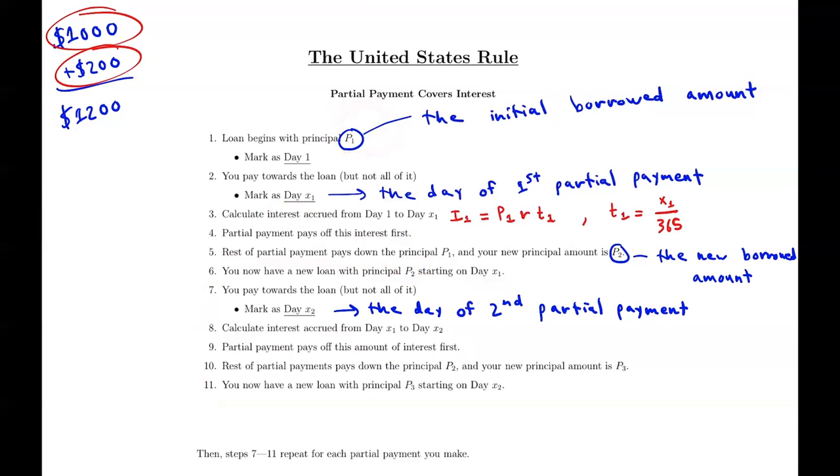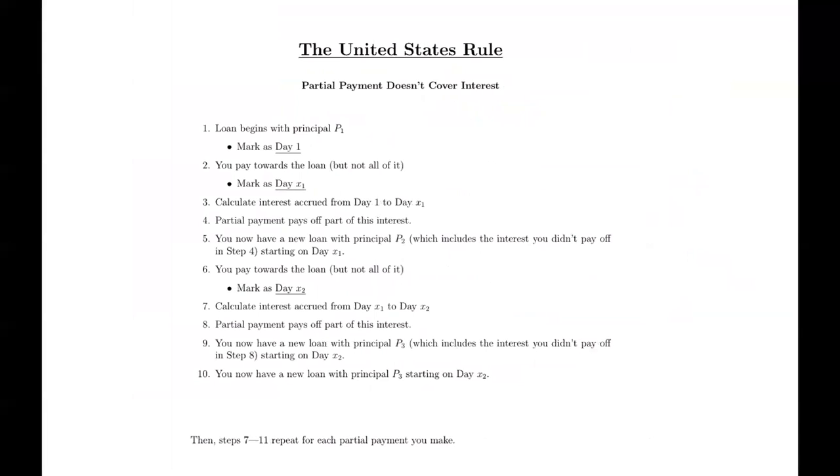And one thing I haven't mentioned here is this little point, that our partial payments are covering the full amount of the interest and a little bit more. And so what I'll mention there is that we could theoretically make a partial payment that is actually less than the interest that has accrued. And I have another slide here.